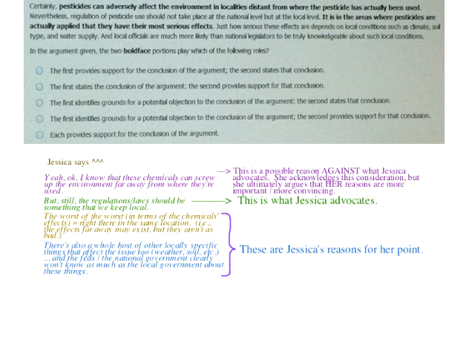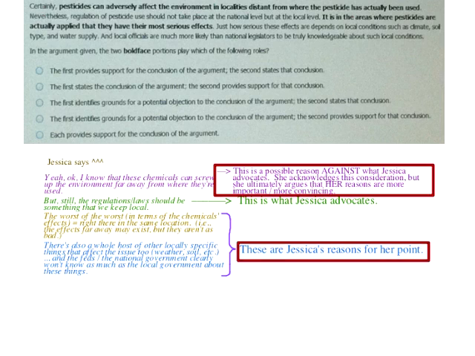Okay, so what we're actually interested in at this point is this one and then this one. As far as the red box is concerned, the first one is not a support for the conclusion because it is the opposite point. So definitely not that.